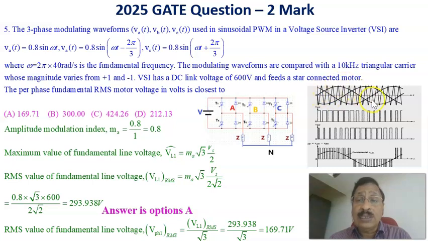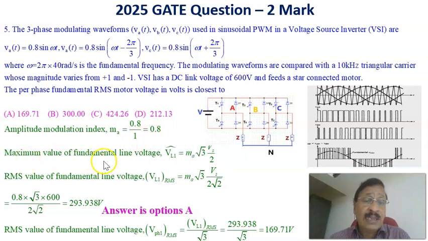The peak value of the modulating signal is given as 0.8, divided by the peak value of the triangular signal, which is equal to +1. So 0.8 divided by 1 is 0.8. That is, the amplitude modulation index MA for this one is equal to 0.8.